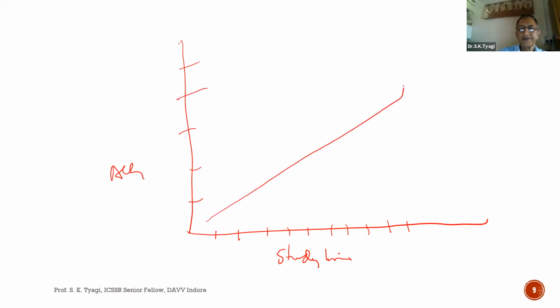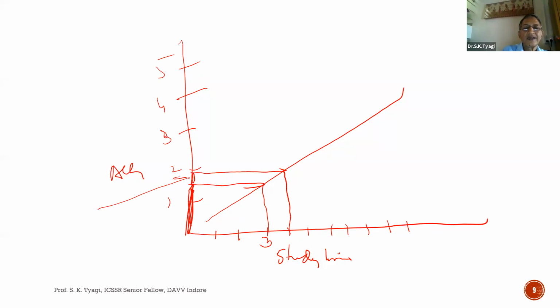This is the regression line. If the study time is 3 hours, the achievement is this much. This is achievement for 3 hours. But if you increase 1 hour of study time, how much achievement is increased? This is what is meant by regression coefficient.